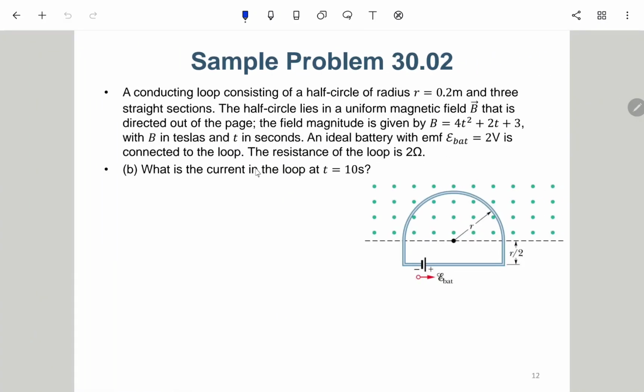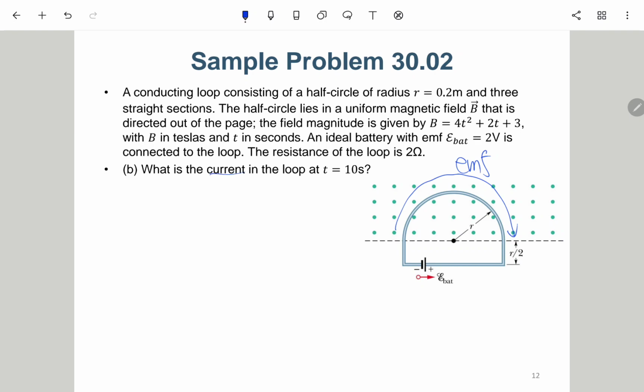Next, it asks what is the current in the loop at t equals 10 seconds. Just now we already know the direction of the EMF. Of course, we should use Ohm's law to determine the current.